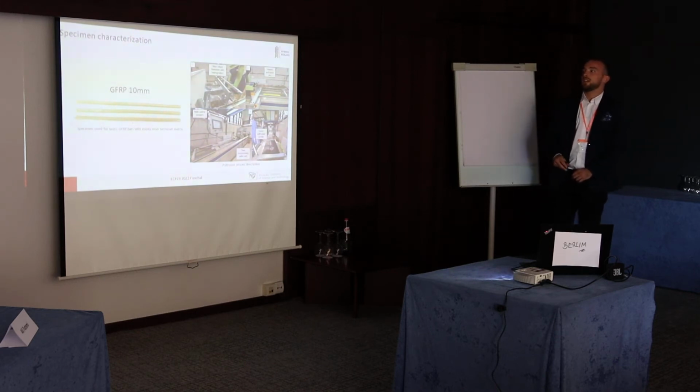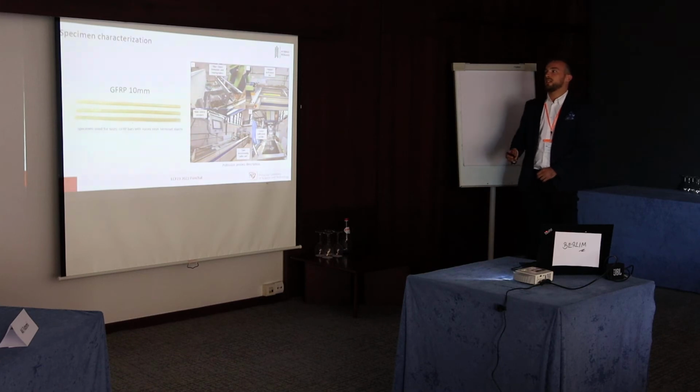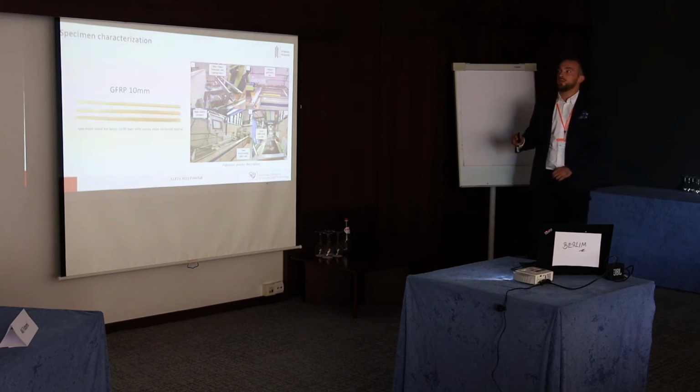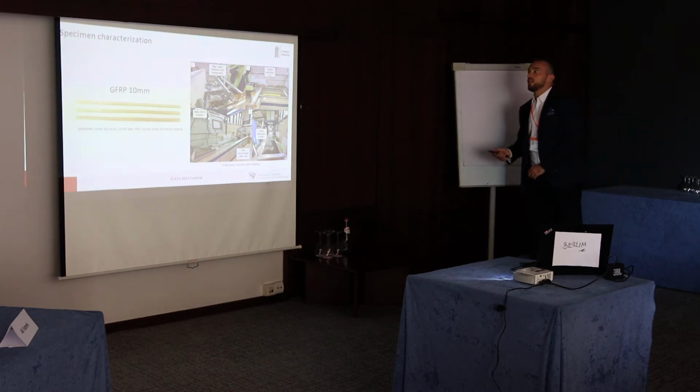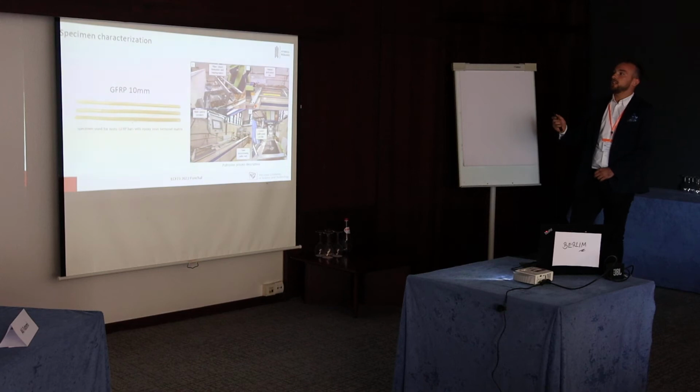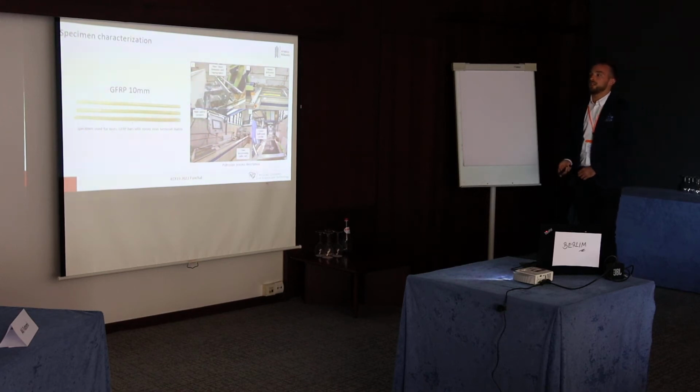We conducted our experiment on smooth composite bars made from GFRP material. The dimension of the bar is 10 mm in diameter, and on the right you can see the manufacturing system in our laboratory.